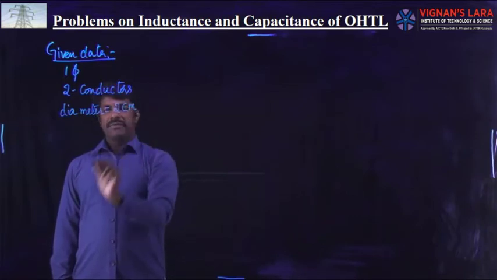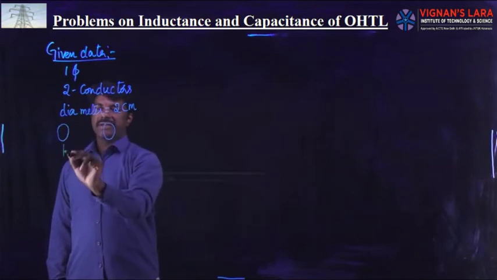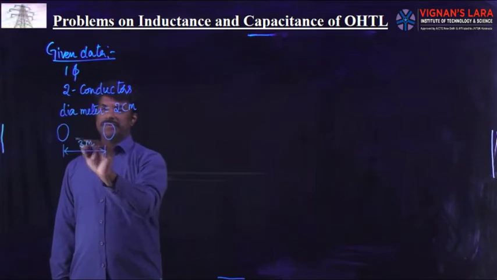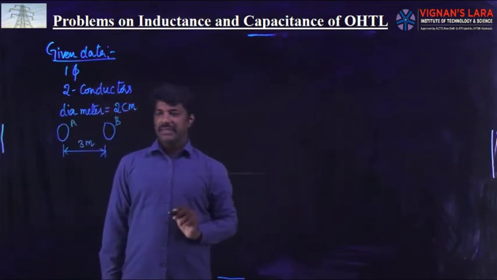These two conductors are separated by a distance of 3 meters. Conductor A and conductor B are separated by 3 meters.